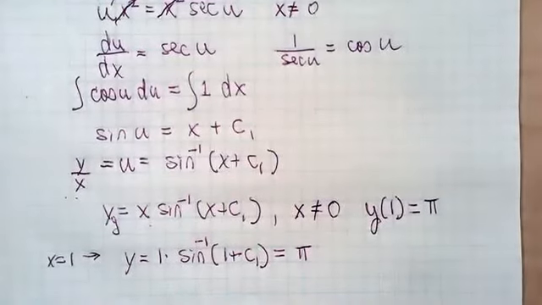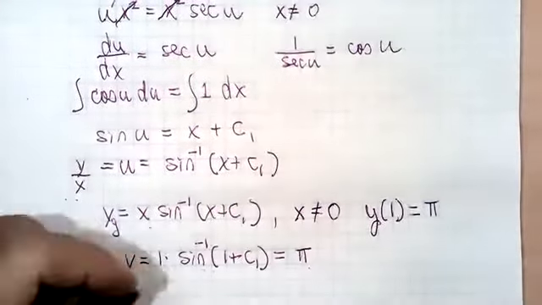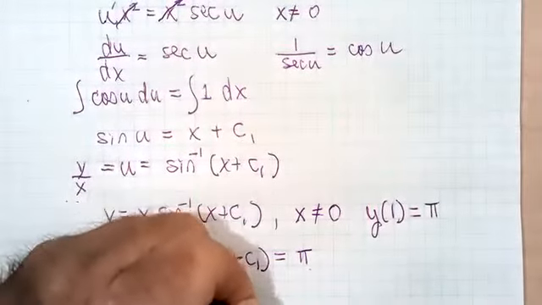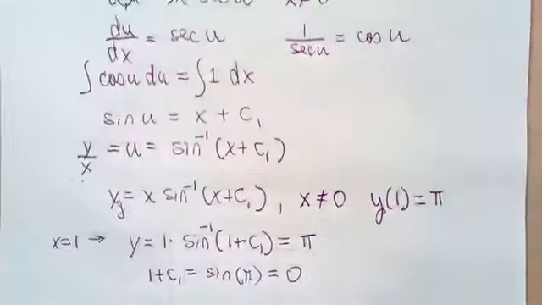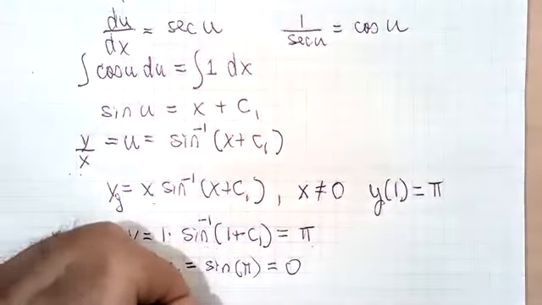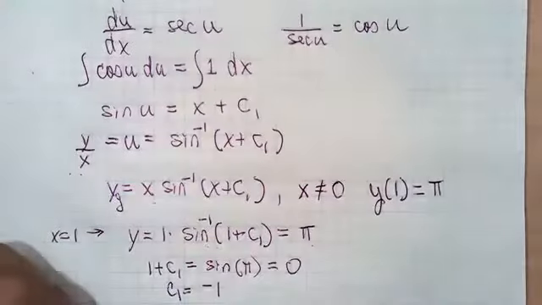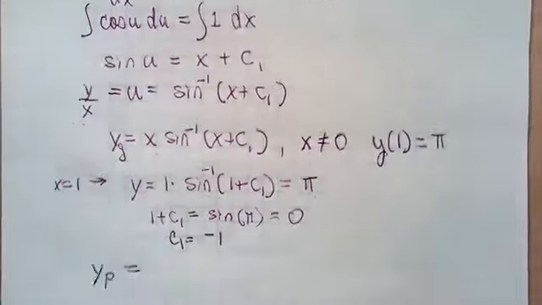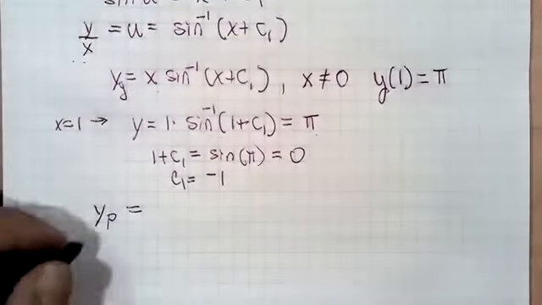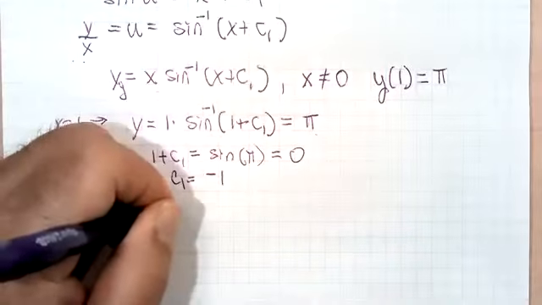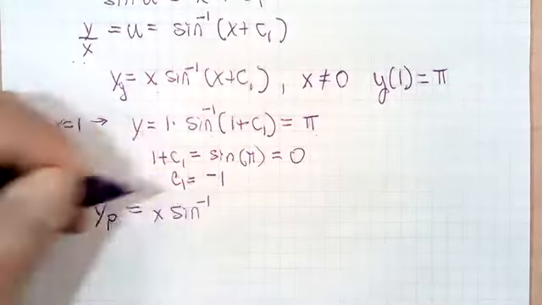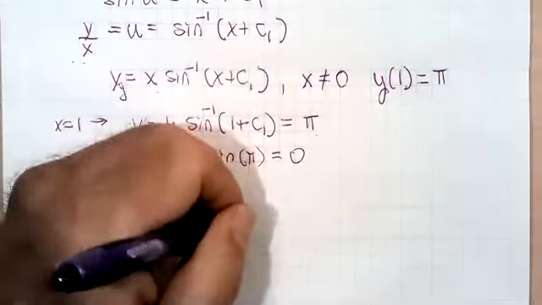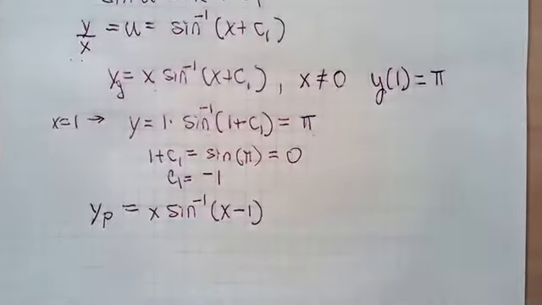So how about if we take the sine of both sides of this equation? 1 plus C1 equals the sine of pi, which is 0. So C1 must be -1, and that means the particular solution to this initial value problem is y equals x arc sine of x plus C1, but C1 is -1, so x minus 1, and that's it.